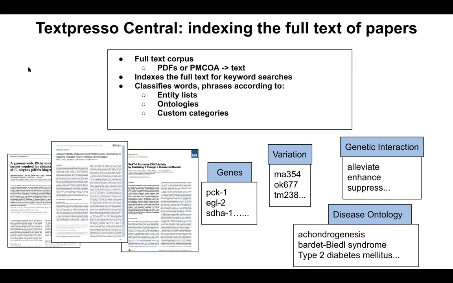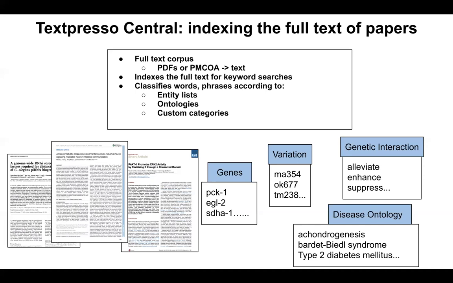Okay, so a little bit again behind the scenes as to how Texpresso Central works. Basically what Texpresso Central does is index the full text of papers. Similarly to the author first pass, it will take PDFs or PMC open access papers and convert those to text. It then indexes the full text for keyword searches.